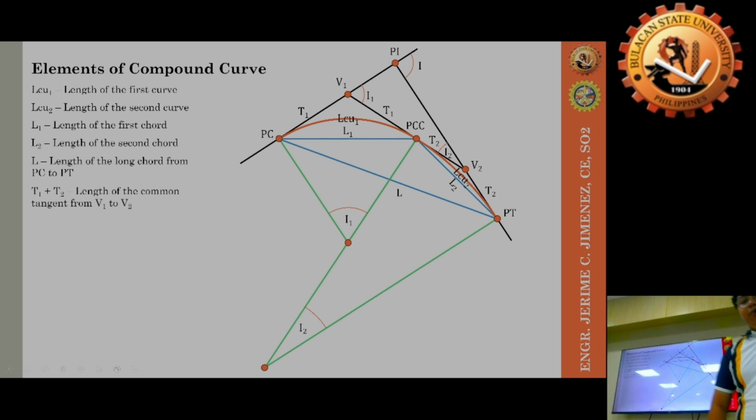Because T sub 1 plus T sub 2 is the length of the common tangent from vertex 1 to vertex 2. So, paano pag tatlo? Therefore, T sub 1 and T sub 2 is the first common tangent. T sub 2 plus T sub 3 is the second common tangent.